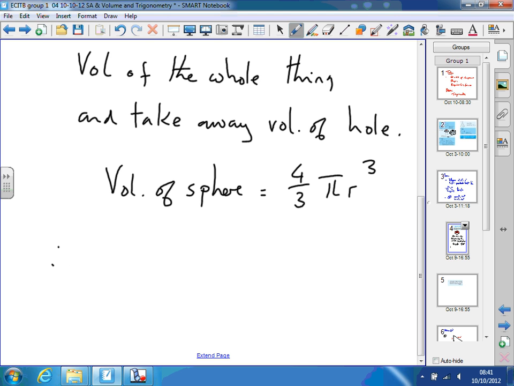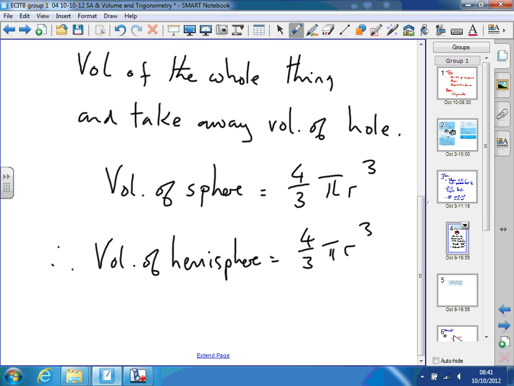Therefore, the volume of a hemisphere is a half of 4/3 pi r cubed. So 4/3 pi r cubed over 2, which actually turns out to be 4/6 of pi r cubed. But we could leave it like that so that it makes sense.